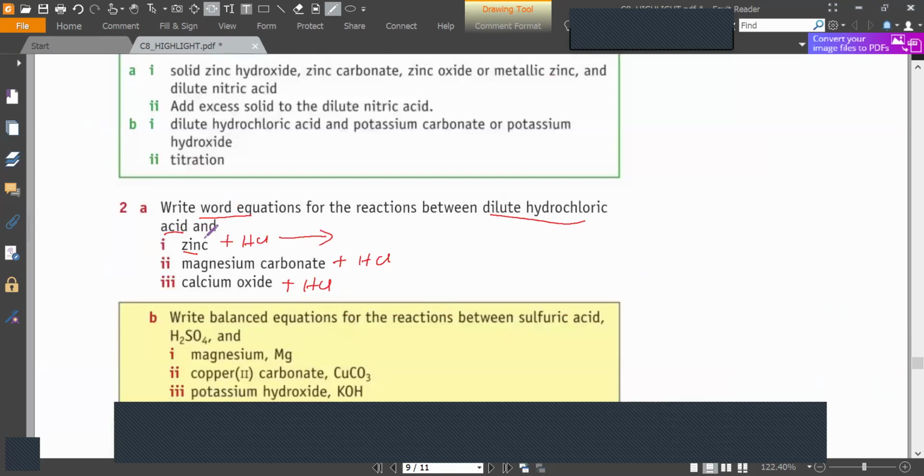So let's say we add zinc and hydrochloric acid. What are the products? You can tell me. Zinc plus hydrochloric acid, what will be the products? Okay, you can try and let me know.